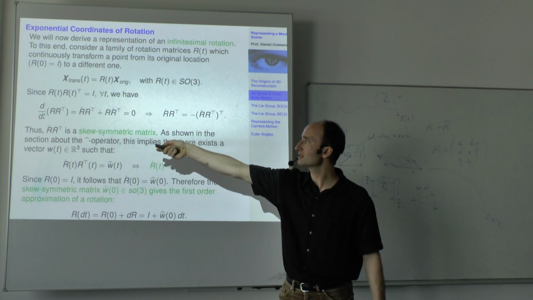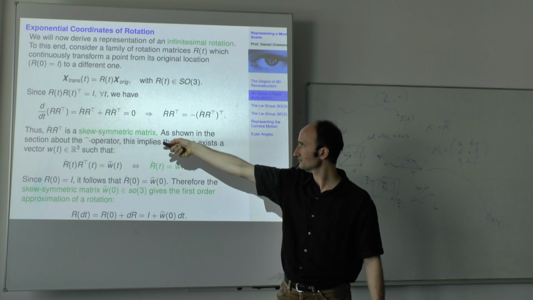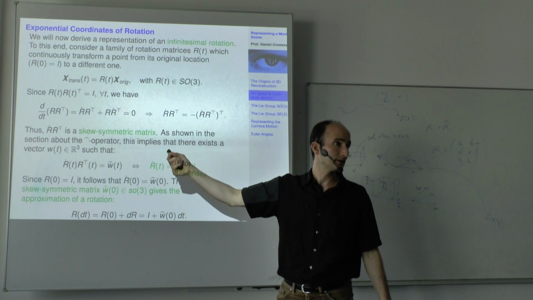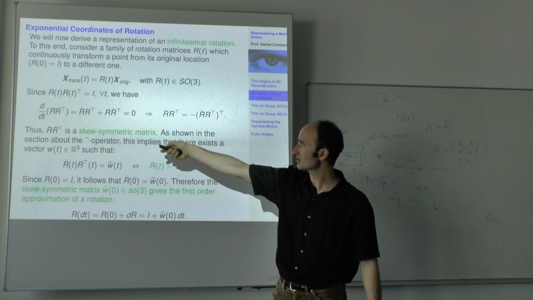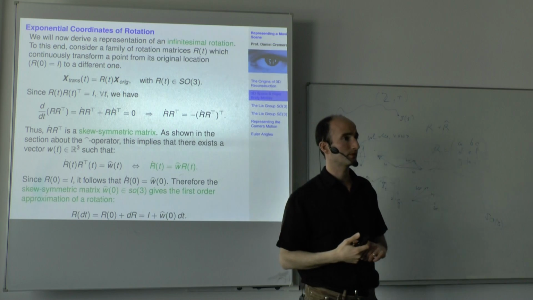And if we apply the derivative to this expression here by the derivative rules, we get dR by dt, so the dot is just the time derivative here. It's a shorthand notation, so this is R dot times R transpose plus R times R dot transpose.